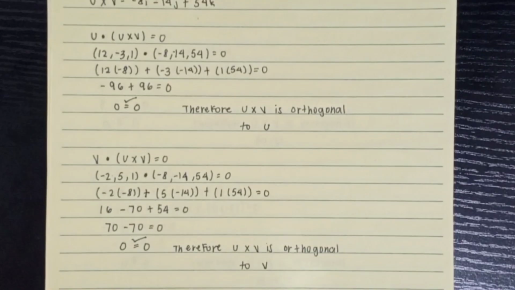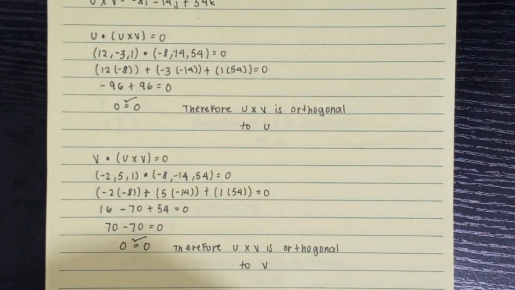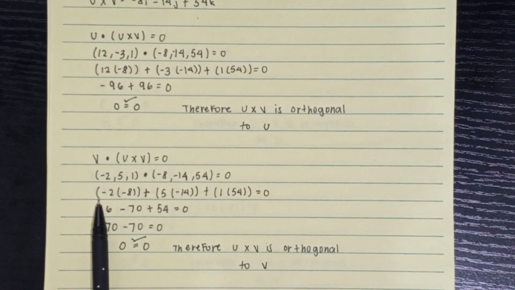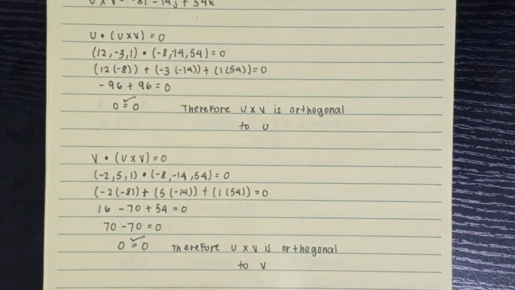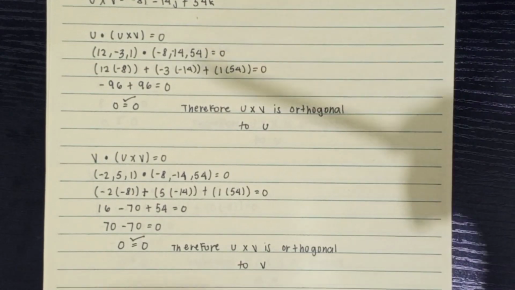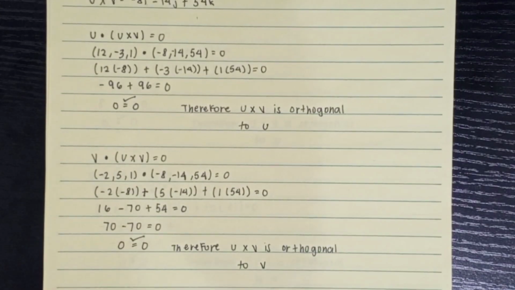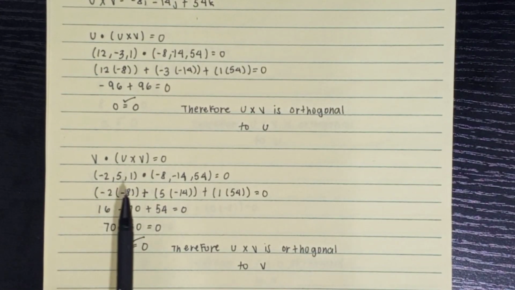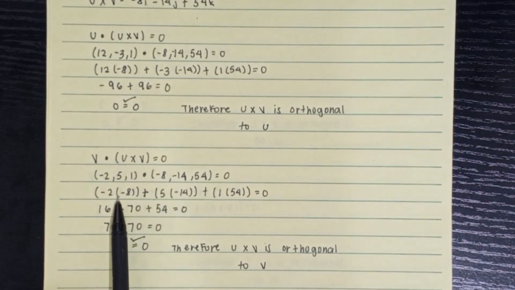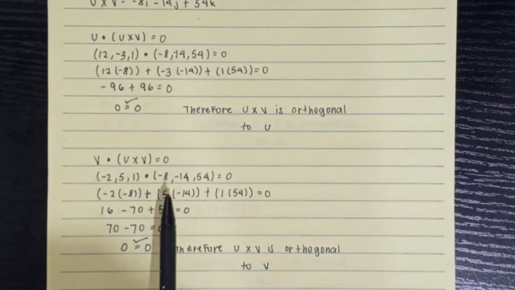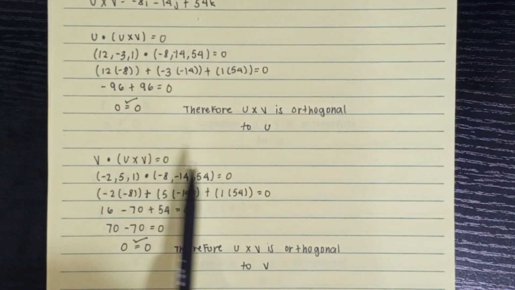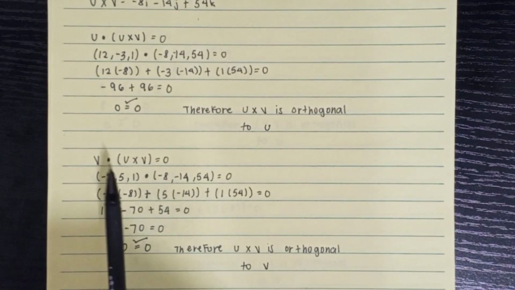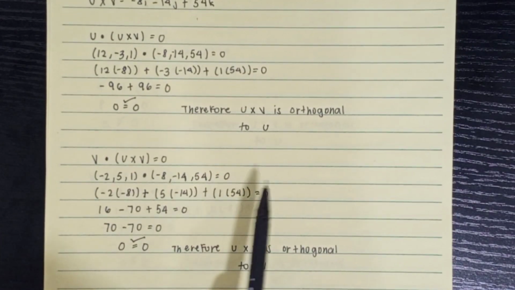So, after nun, gagamitin na natin sila ng dot product. Yung component or each component is i-multiply ulit natin kagaya nilang scalar. So, negative 2 times negative 8, plus positive 5 times negative 14, plus 1 times 54 is equals to 0.